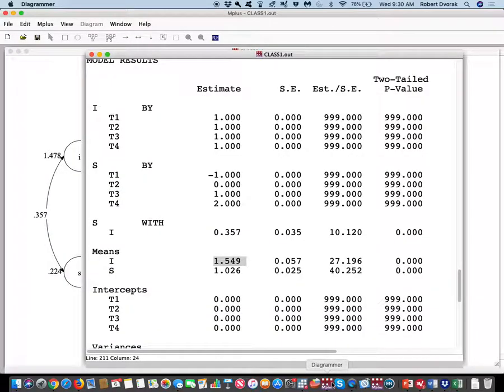So this can be really important because if you do a study and you have some sort of intervention and you want to know what is the effect of this intervention at the final time point, then you can move that intercept all the way to the end and it will tell you the average. And even better, we'll talk about this next week, you can then predict this based on group, right?